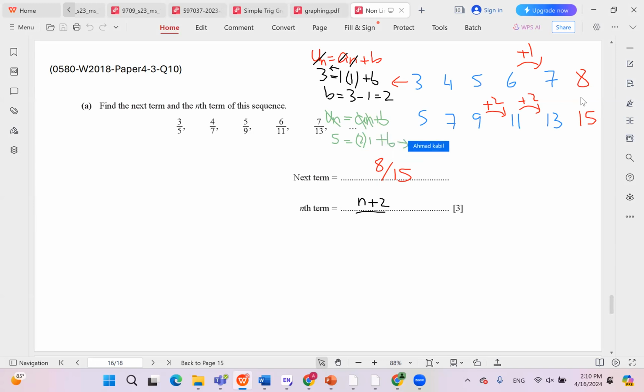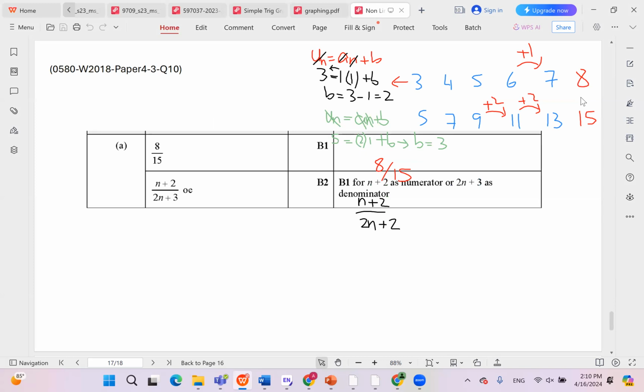So b is 5 minus 2, which is 3. So therefore, the bottom fraction or the denominator of the fraction is an plus b, which is basically 2n plus 3. We just solved each sequence independently as we would solve a linear sequence. You can check the video on linear sequences for more practice on this part.